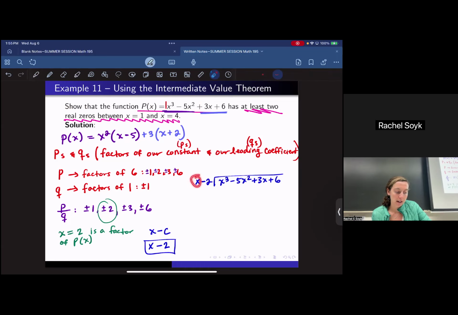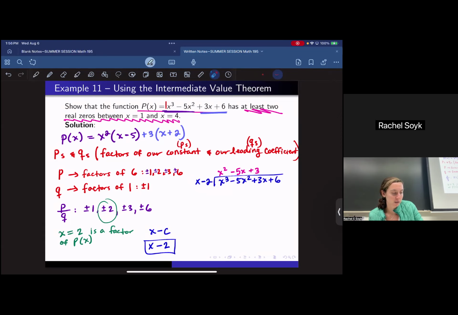So now at this stage, we start off with our x. x times what gives you x cubed? x squared, right? Wait, did I do this wrong?